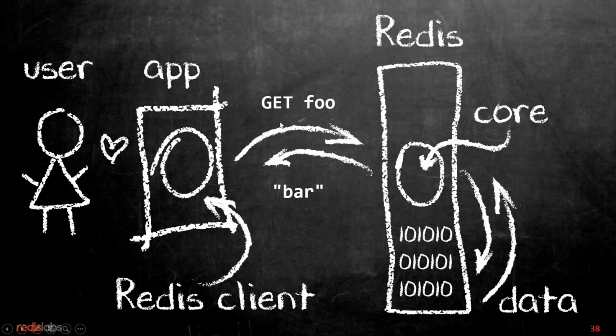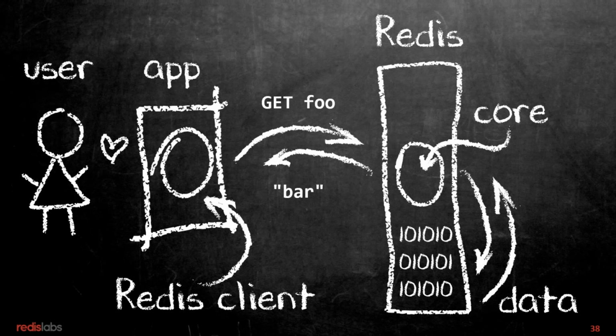Now, with the Redis client, the application does a GET foo, basically reads the value from foo and sends it to Redis. Redis's core processes this request, fetches the data from the server, and replies with the value under the key. And this is basically the workflow of any core Redis command up until now. This is the workflow of how it's working.